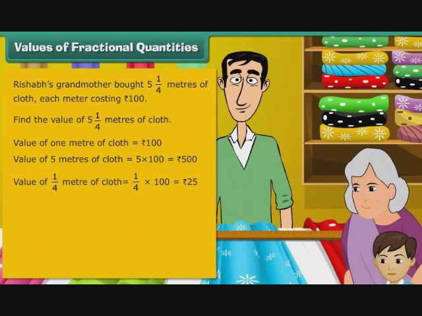Value of 1/4 meter of cloth is equal to 1/4 multiplied by 100, which is equal to Rs 25. Therefore, total value of 5 and 1/4 meters of cloth is 500 plus 25, which is equal to Rs 525.